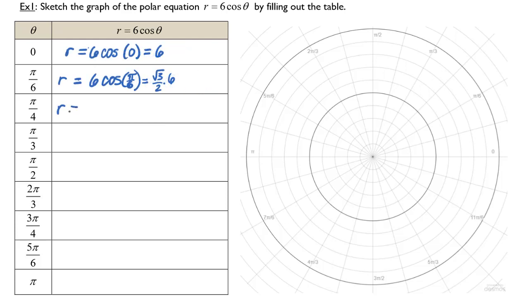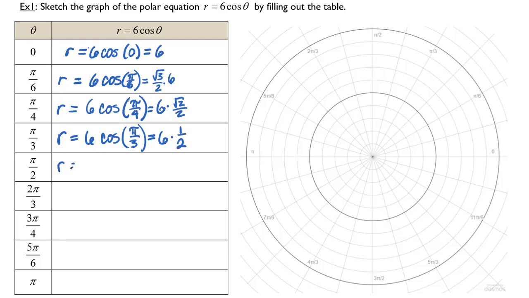The next angle is pi over 4, so we have r equals 6 times cosine of pi over 4. That will give me 6 times root 2 over 2. The next one is r equals 6 times cosine of pi over 3, which will give me 6 times 1/2.